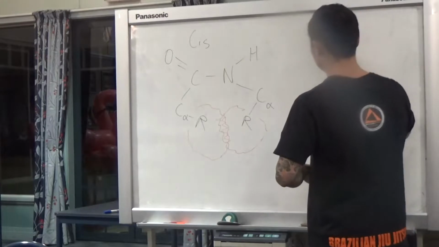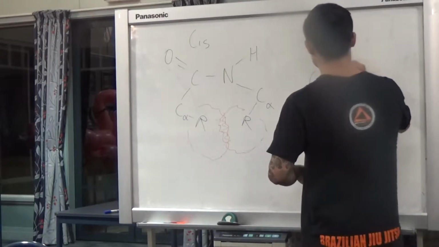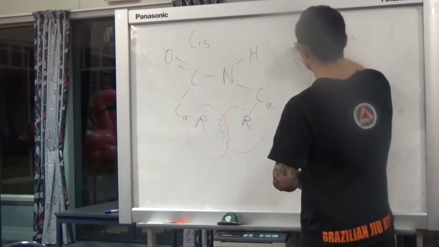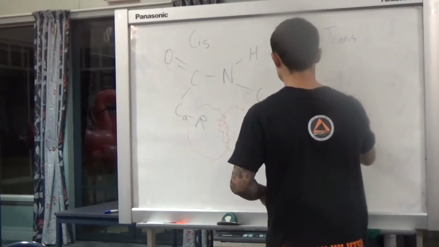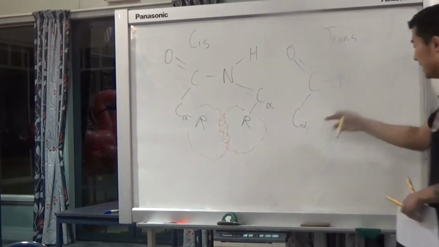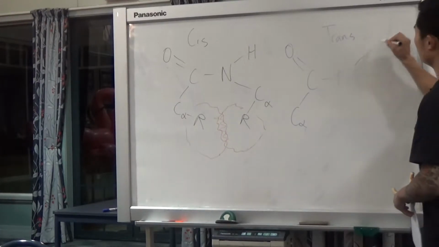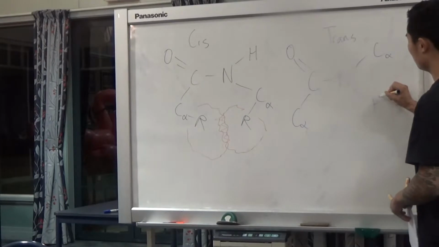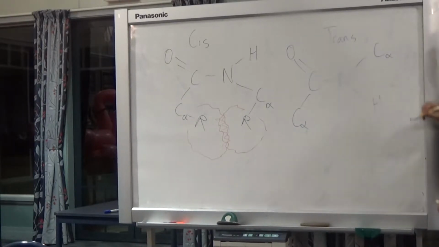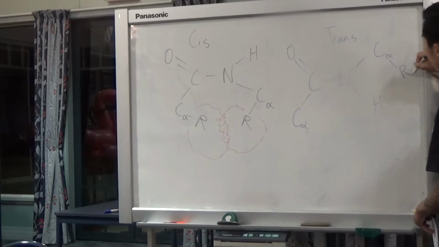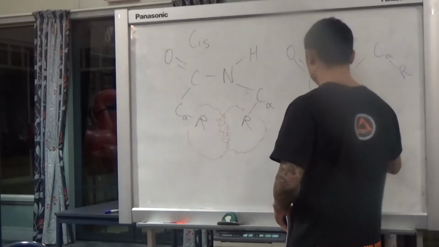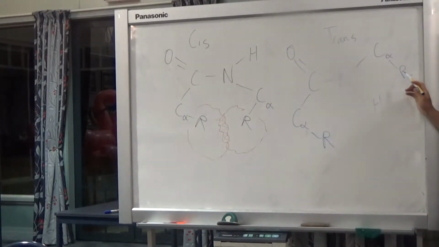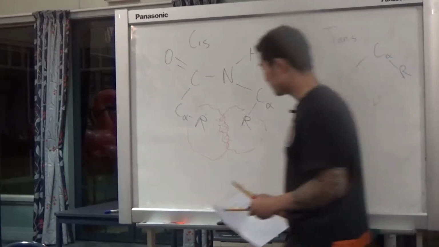And in the trans configuration, you'd have your alpha carbon on the bottom here, so then your alpha carbon would be on the opposite side for the nitrogen, and then here you've got no steric hindrance, okay, because these R groups are far apart from each other. Okay.